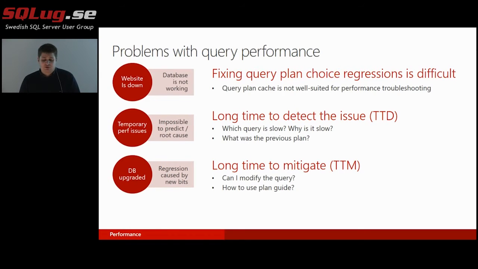We do not have historical information on how the plan changed over time. So we have problems finding plan regression. We also try to find why the query is slow, when it became slow, and what the previous query plan was. So it takes a long time to detect.